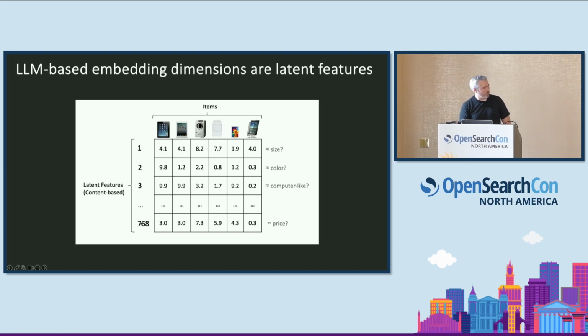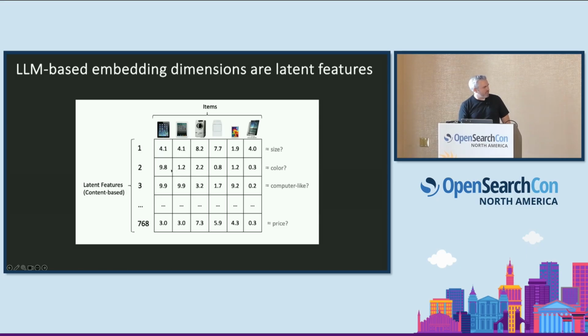Say I have 768 dimensions. This particular dimension here, if I look at these things, I can see that this roughly correlates with size. It might be some combination of fields, but what I can say is that the bigger things, 8.2, 7.7, tend to have a larger number. This one's the smallest thing, it tends to have the smallest number.